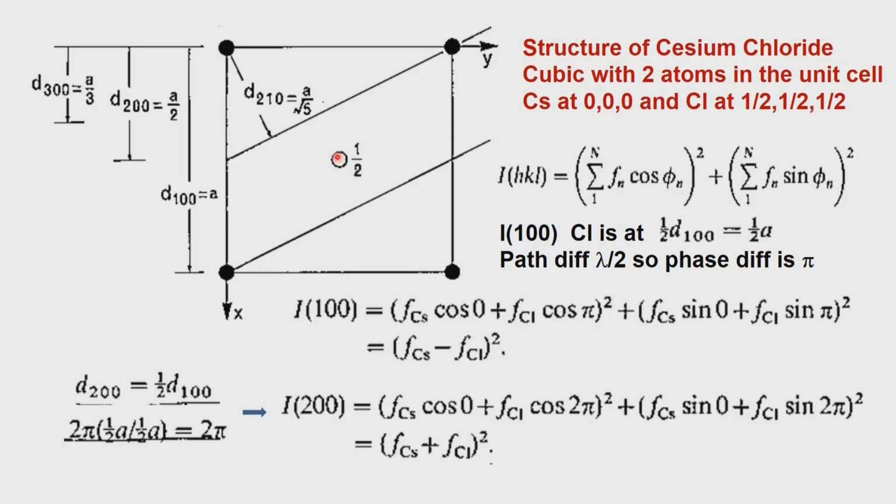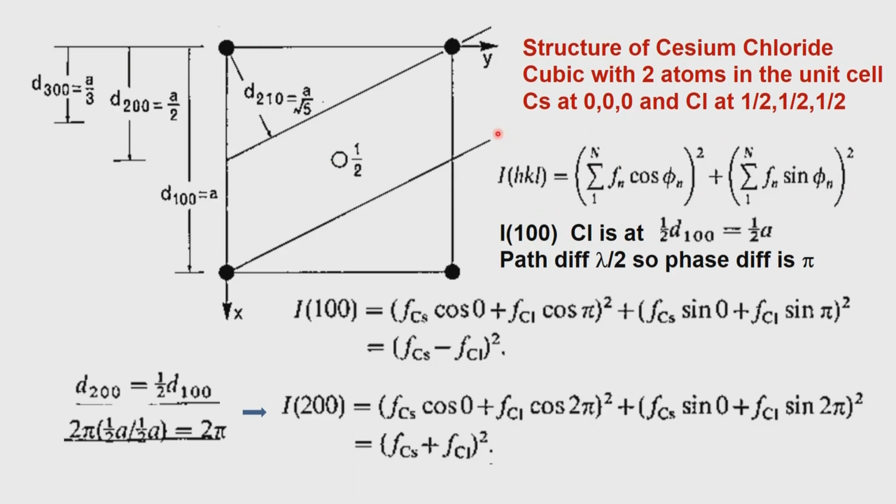So, we want to see what contributions these two atoms give to the individual reflections, because what we get from the diffraction experiment is the individual reflection that is associated with your HKL planes. So, how do we get that? So, we write the intensity of HKL. This is a very general expression for any intensity of HKL.